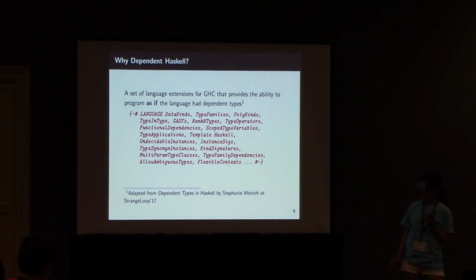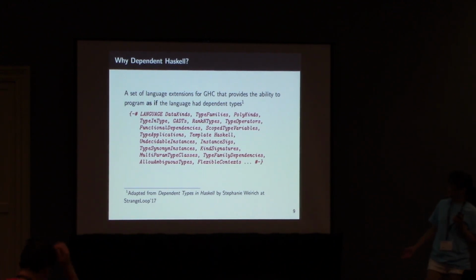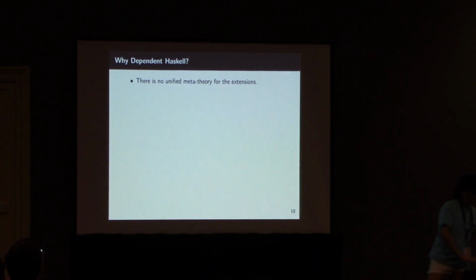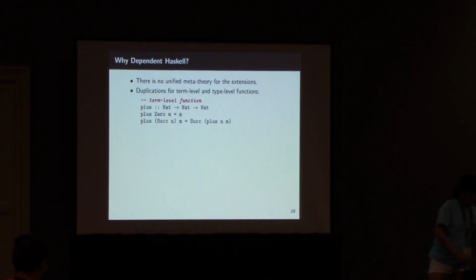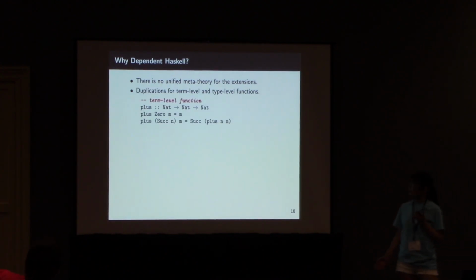Well, yes, there are lots of extensions we provide inside GHC to provide the ability to program as if we had dependent types. And we work so hard on each extension to make sure it behaves well and they interact with each other perfectly. But this also means we need to study the meta theory of each extension independently. There is no unified meta theory of the extensions. And also, it will sometimes cause duplications in the code.